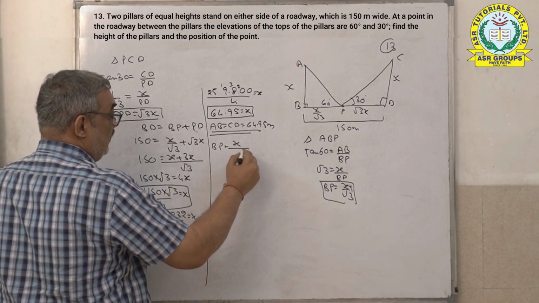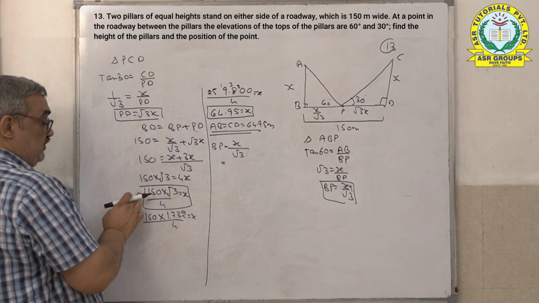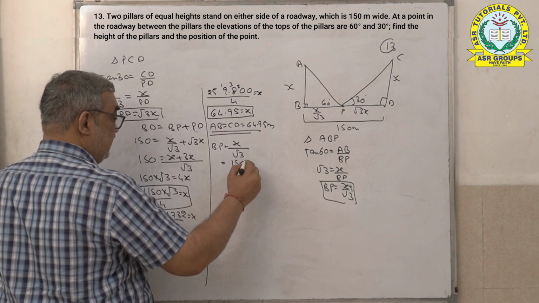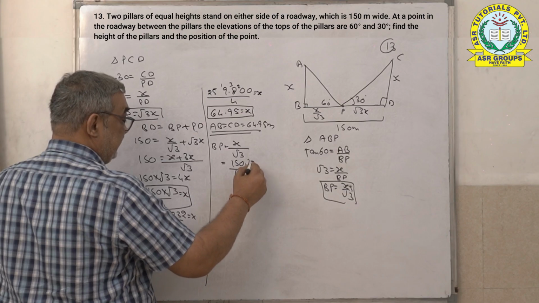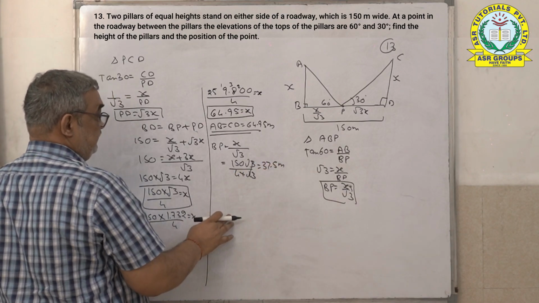BP is x upon root 3. X, take this value, not this one. 150 root 3 upon 4 root 3, cancel, 37.5 meter.